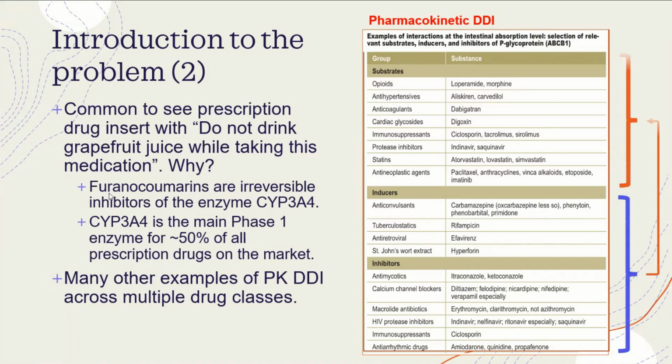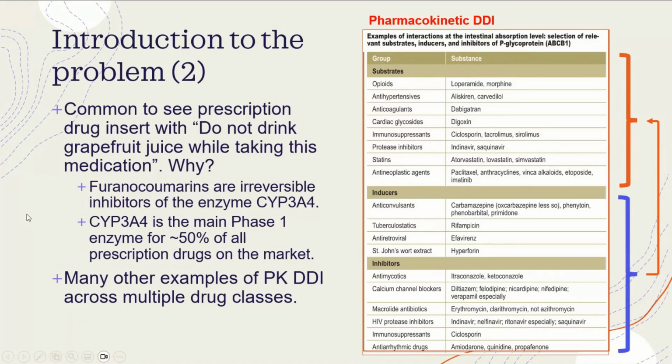This table on the right is showing one particular transporter called ABCB1, which has as its substrates a variety of different drugs that use this for transport.